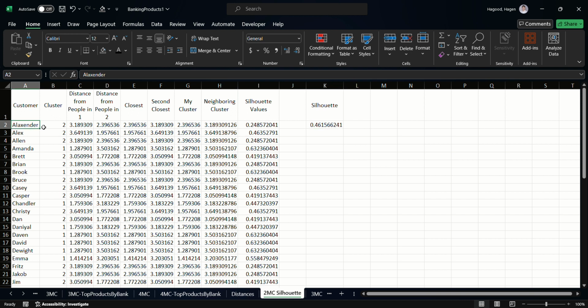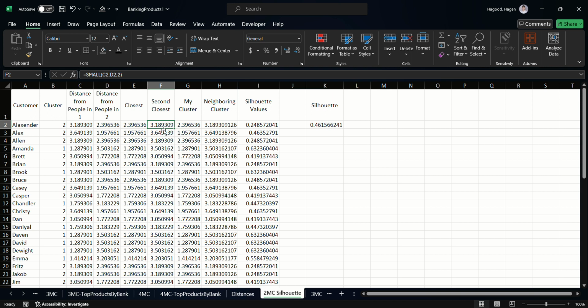What I did was copy the customers along with the cluster they were in. Then I calculated the distance from cluster 1 and the distance from cluster 2, and then I calculated which cluster they were the minimum distance from, and which cluster they were the second minimum distance away from.